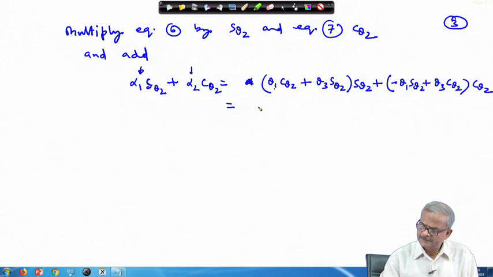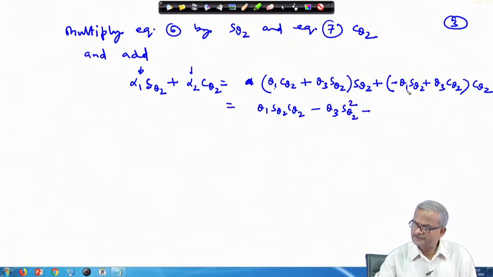So, we can check here that this quantity is theta 1 s theta 2 c theta 2 plus theta 3 s theta 2 square, and from this place we get minus theta 1 s theta 2 times c theta 2 plus theta 3 times c theta 2 square.